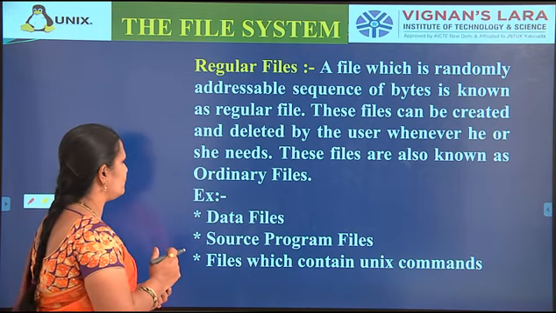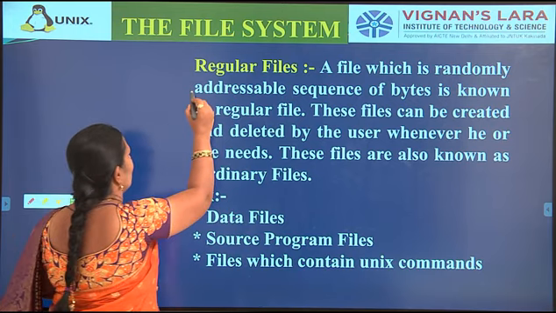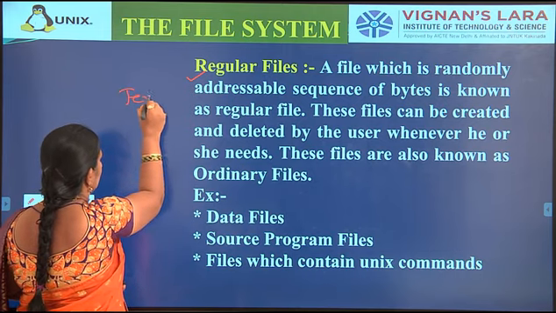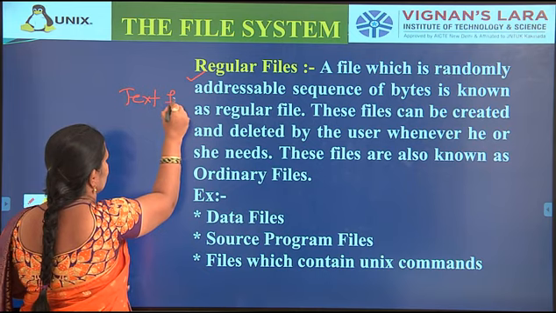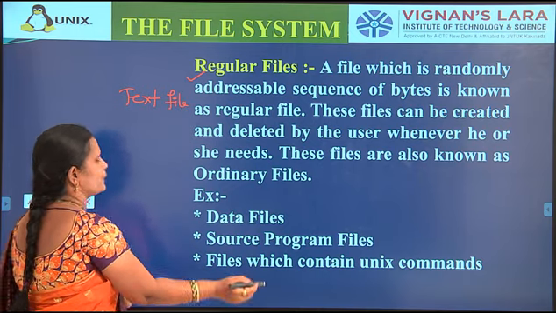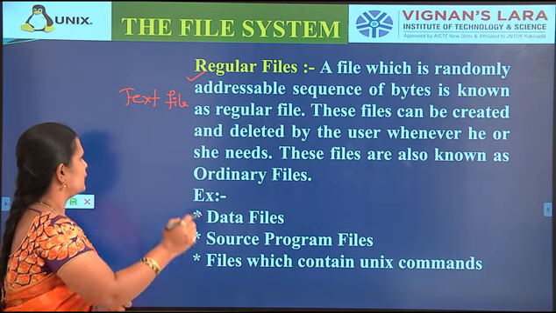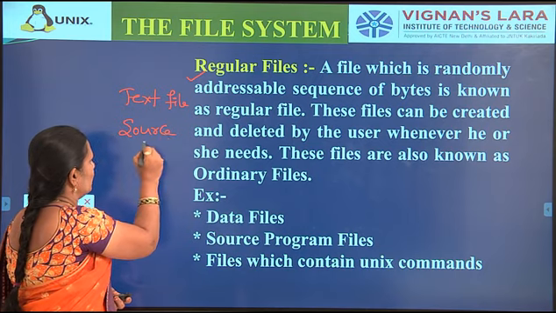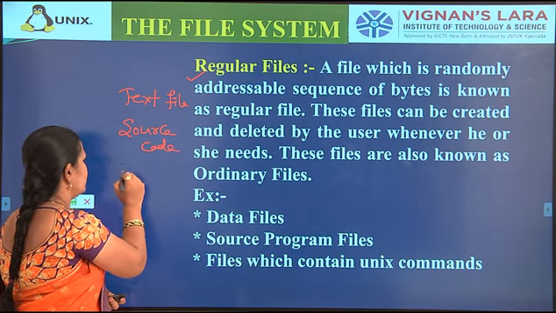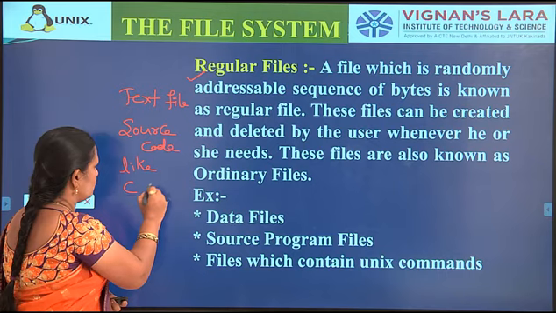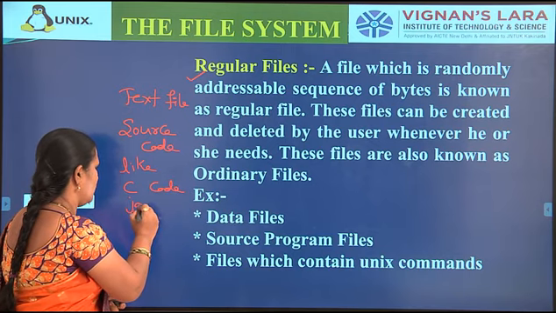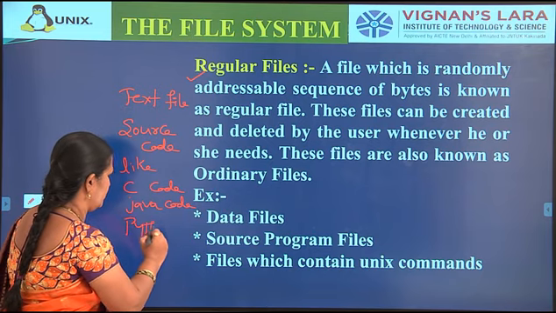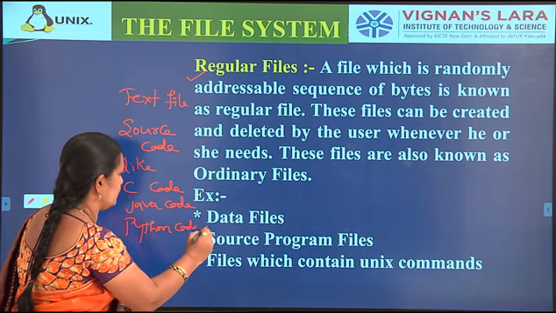So we can treat this regular file as an ordinary file. It contains text information, also known as a text file. A file which contains only text is known as a text file. Next, a file which contains source code or programs, like C code, Java code, Python code, is treated as a regular file.